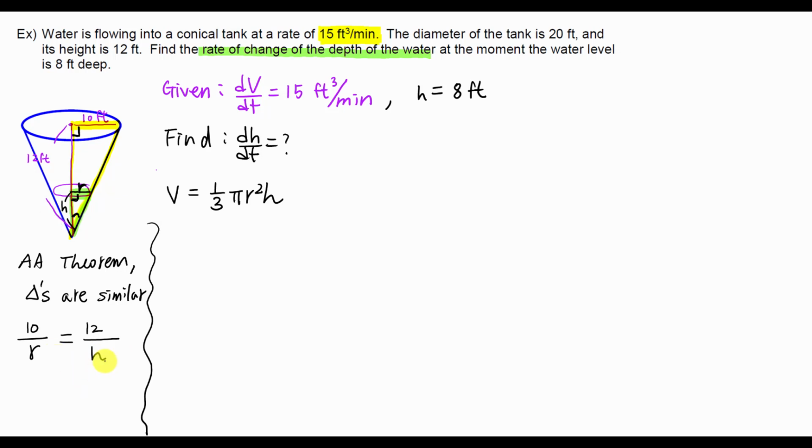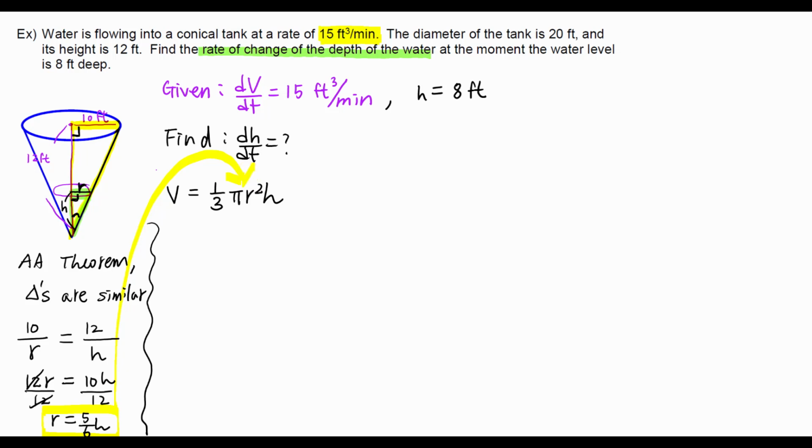So by cross multiplying and setting them equal, 12r has to be equal to 10h. Divide both sides by 12. So r can be replaced by 5/6 h. And you are going to replace it right there, because this is always the relationship between r and h since they're similar triangles.